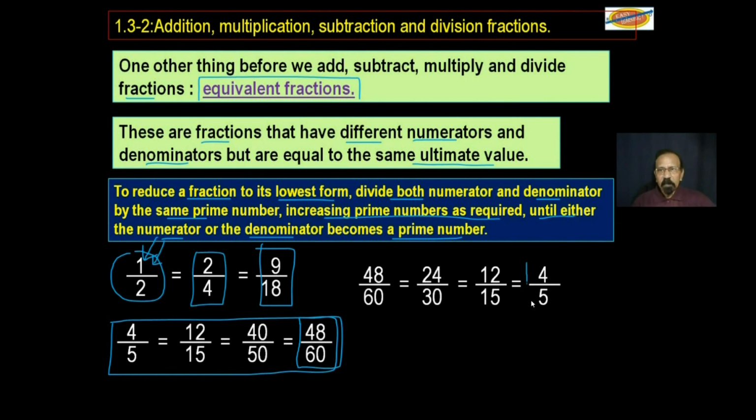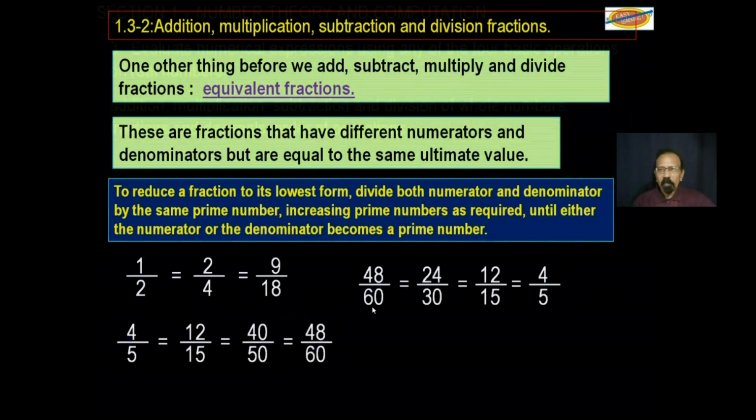At this point, while you can reduce 4 further by dividing by 2, you cannot reduce 5 by dividing by 2. Nor could you find a prime number that can divide both of those. So this number now is a prime number. We stop, and that is the lowest form of 48 over 60.